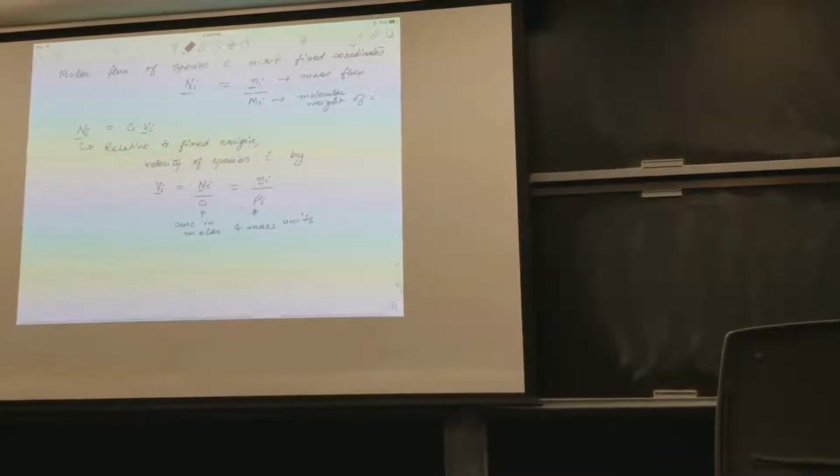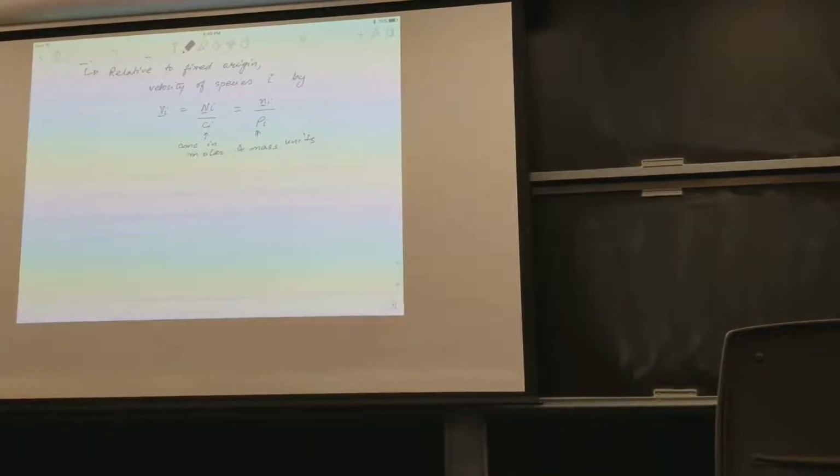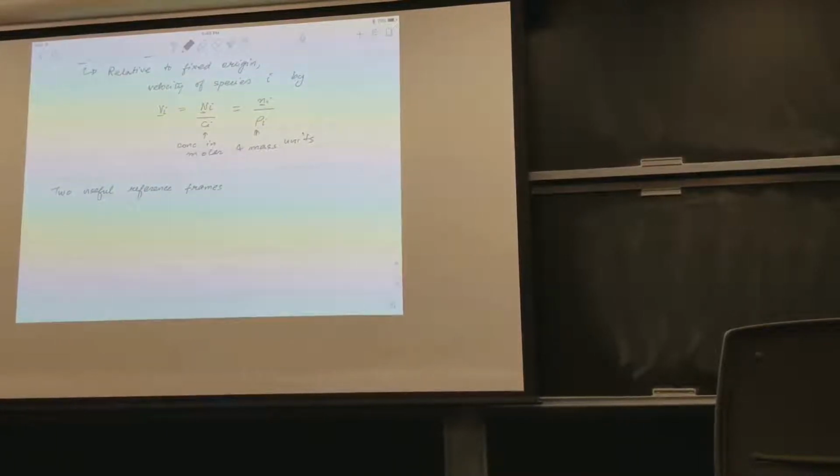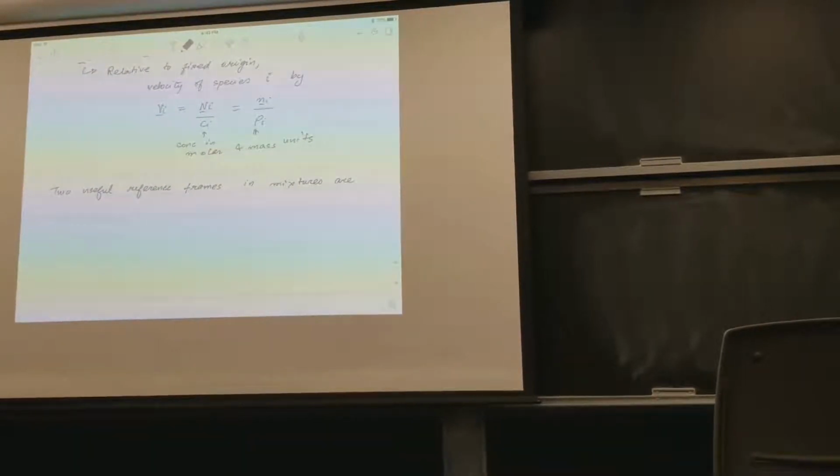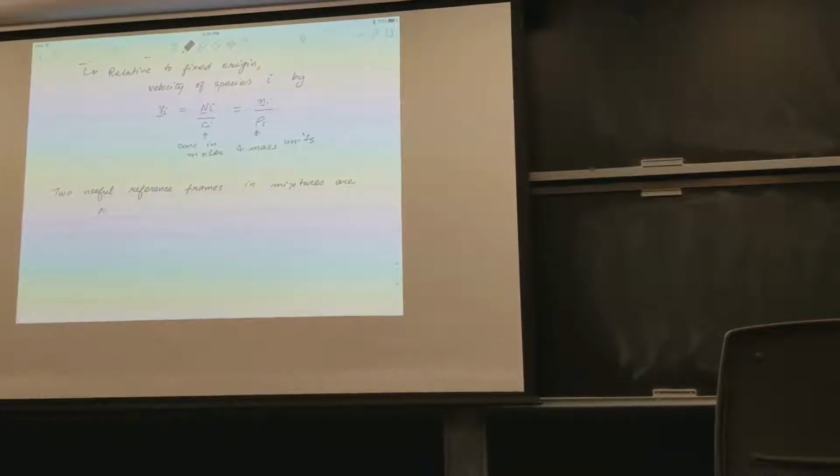So we use two useful reference frames in mixtures, and you can look at the discussion both in Deen and in BSL for this.